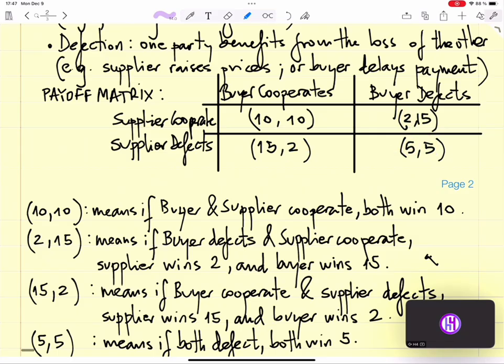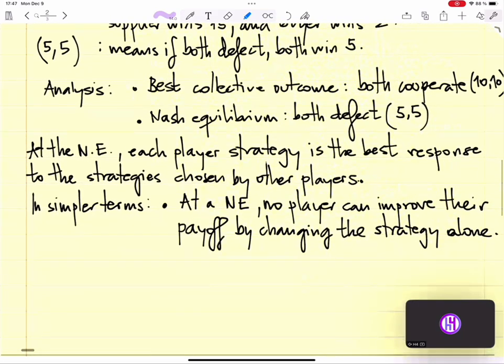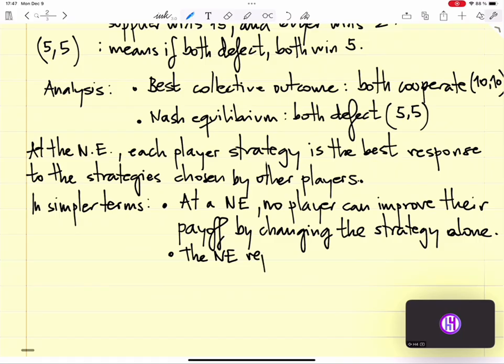So no single player can improve their payoff by changing the strategy alone. The Nash equilibrium represents a stable state of the game.